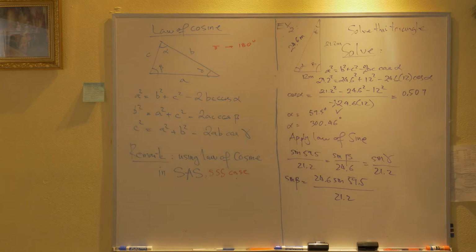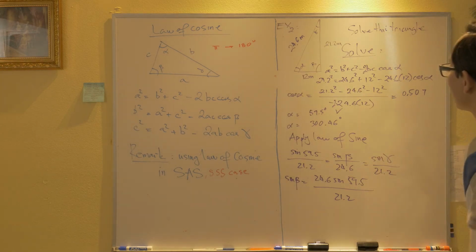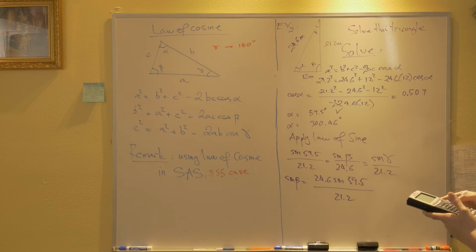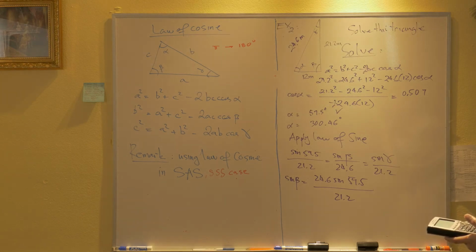Do you think so? I think your answer is kind of weird though. Let me check everything from here one more time. 21.2 squared, this is alpha. I think I calculated alpha wrong. Let me check my 24.6, 12.